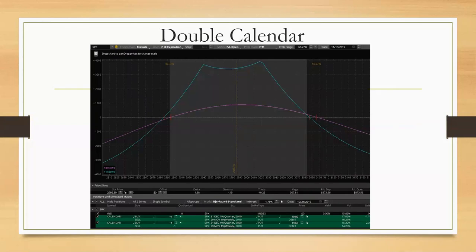So this would be, okay, you've been in a trade for a while, then you had to add the second part on. The market's moved all around and time has elapsed. And so you would be up money, the way this is displaying it, over a very wide range. So there's no downside to doubling these things up.